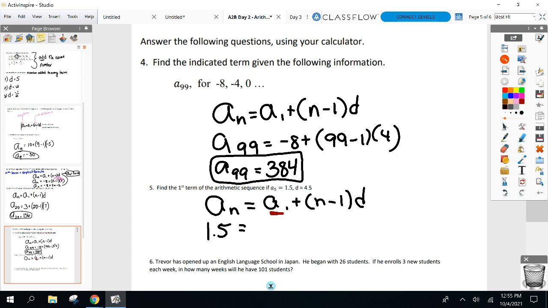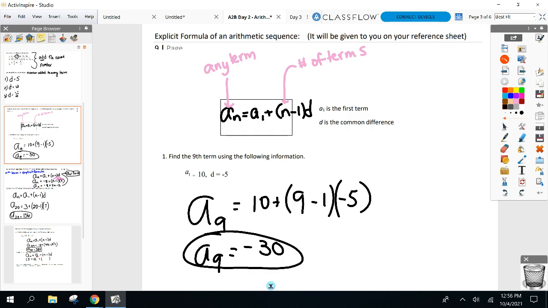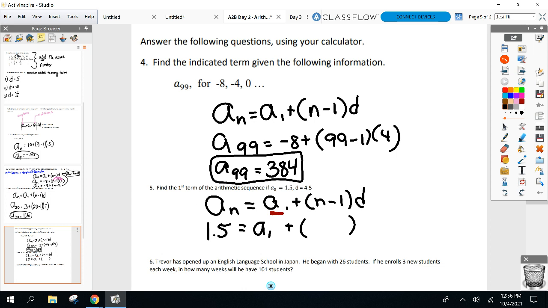Equals first term, right? That's staying A1, or you can put an X, whatever makes you feel happy inside. Plus, all right, here's where we got to be careful. N is, again, the number of terms we're dealing with. What did you just plug in on the left side? 1.5, which is how many terms? 5. That's 5 terms, isn't it?